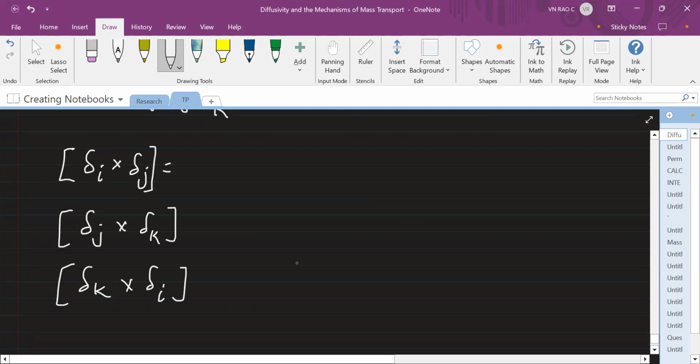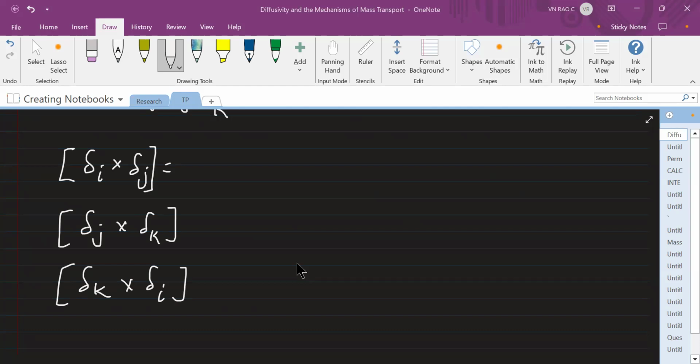By definition, if I go by the definition of the cross product of the Kronecker delta, see, all these derivations we are still restricting only to Cartesian coordinates, but if you have to write in cylindrical coordinates, we should be in a position to write.